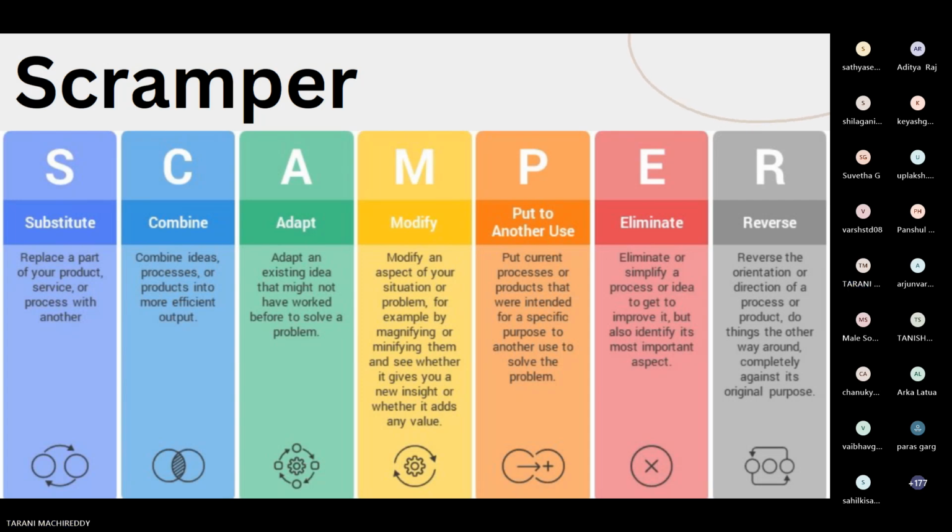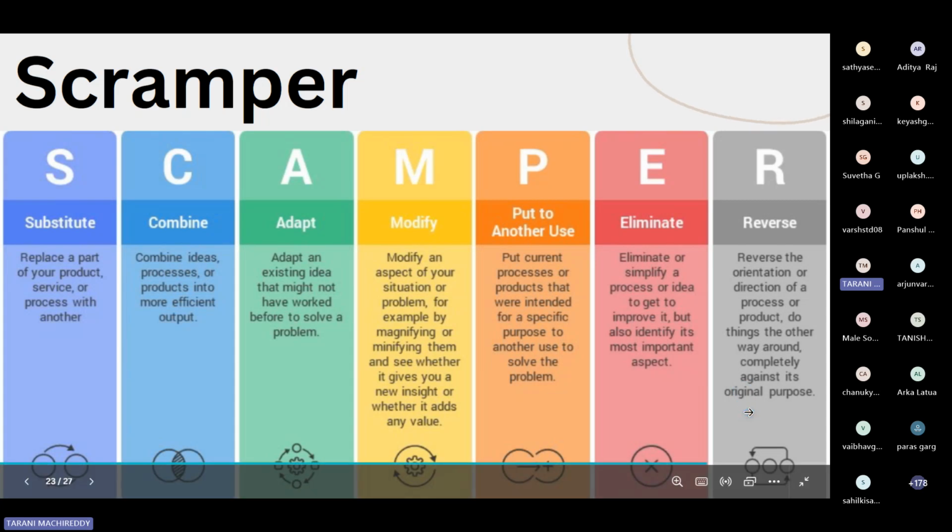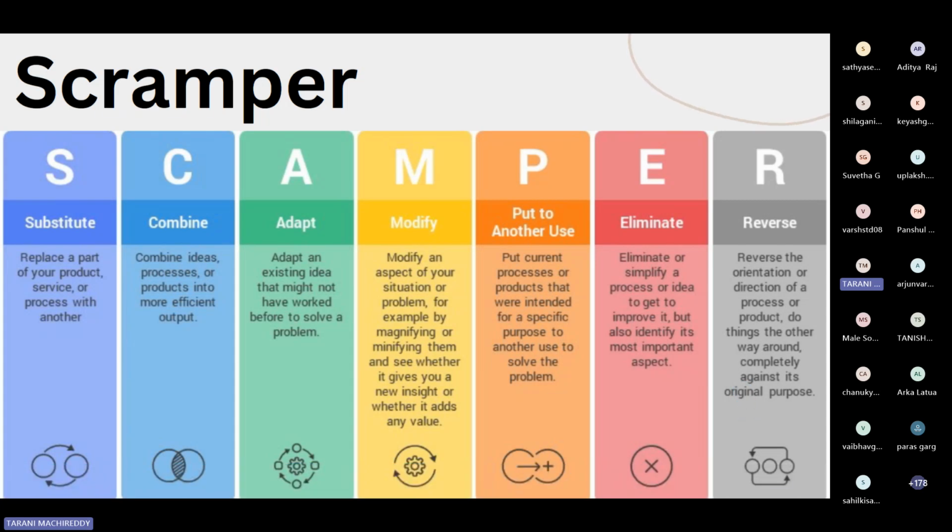And then we go to reverse, where we reverse the orientation or direction of the process or product we use. In this reverse, we come up with some crazy ideas. Like, can we keep the cap down on our bottle too, so that we can open it from down and clean it easily?